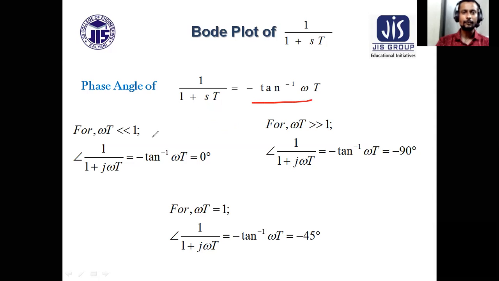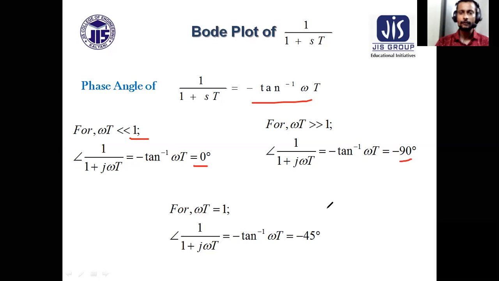Now again, for very low frequency, when omega t is much less than 1, the angle of 1 by 1 plus j omega t will be minus tan inverse omega t. For very low frequency, omega is almost neglected, so tan inverse 0 will be 0 degree. So for very low frequency, the phase angle of the term will be 0 degree. For very high frequency, when omega approaches infinity, tan inverse infinity is 90 degree, so minus tan inverse omega t will be minus 90 degree.